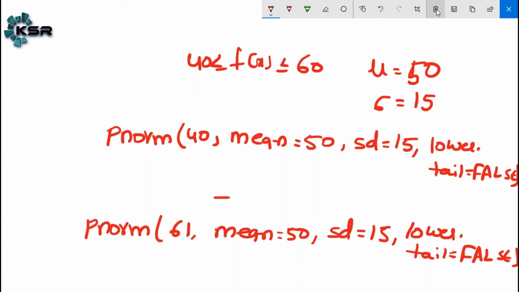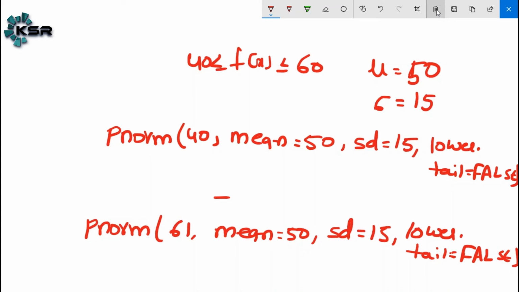If I take the first case, pnorm of 40, mean equal to 50, standard deviation equal to 15, lower.tail equal to FALSE, that means it will consider the values from 40, 41, 42, 43 and so on till infinity.